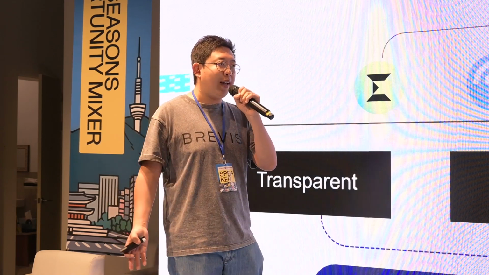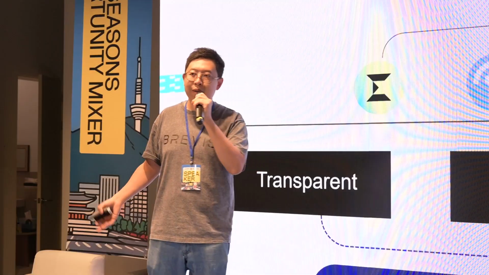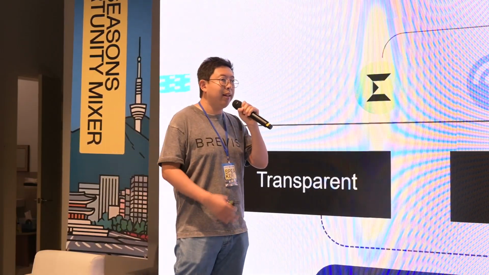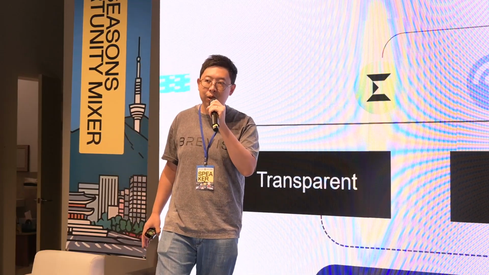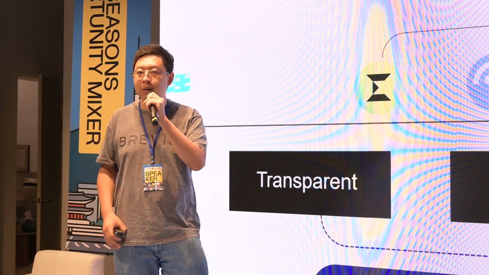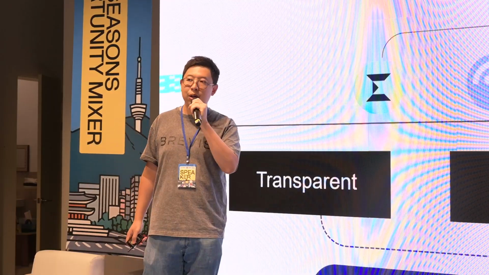If you go to the Linea Ignition page on brevis.network, you can experience the application yourself. We're distributing about 1 billion Linea tokens over 10 weeks, and they will have continued rewards going after that.